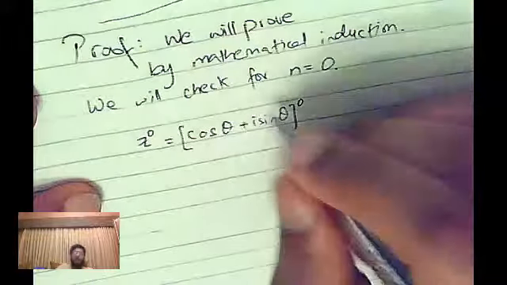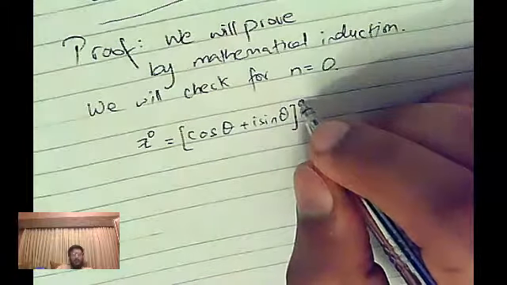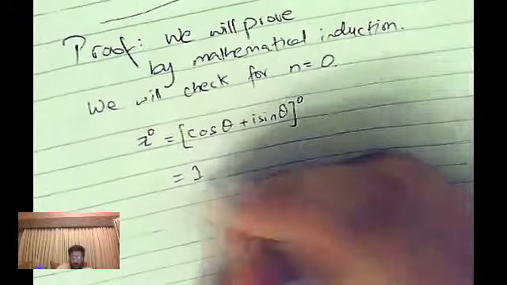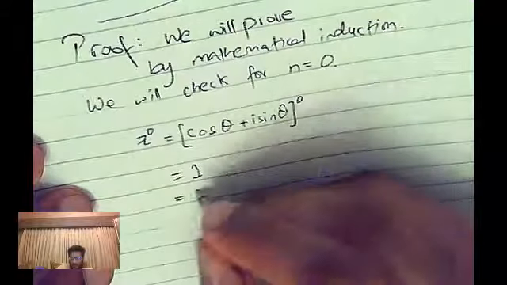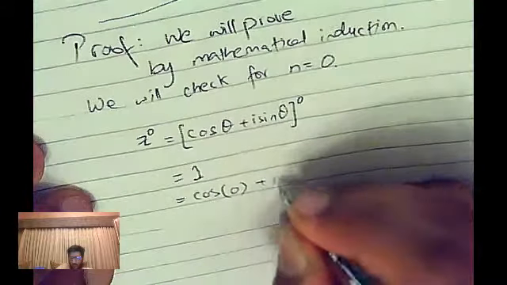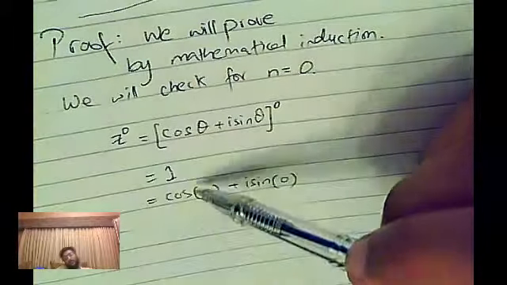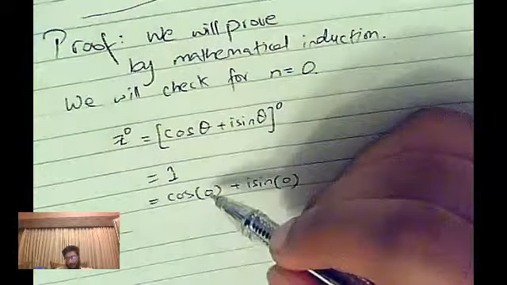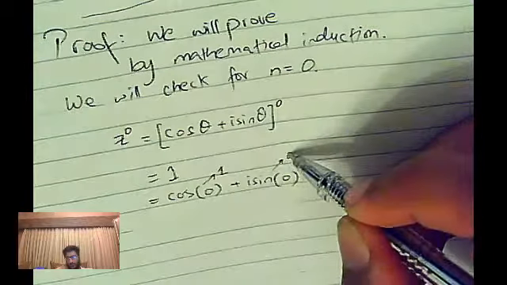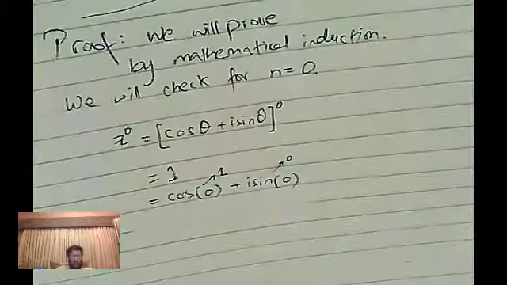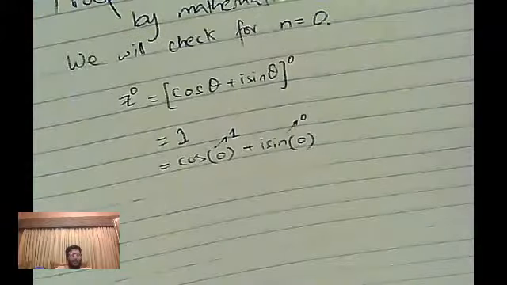And any number raised to the power 0 equals 1. And we can write this as cos of 0 plus iota sine 0. Why can we write it like this? Because cos of 0 gives us 1, sine of 0 gives us 0. So 1 plus 0 equals 1. So this holds true for n equals 0.